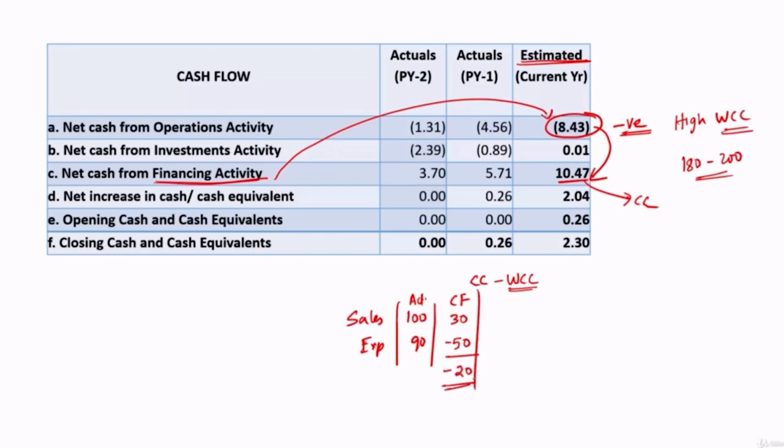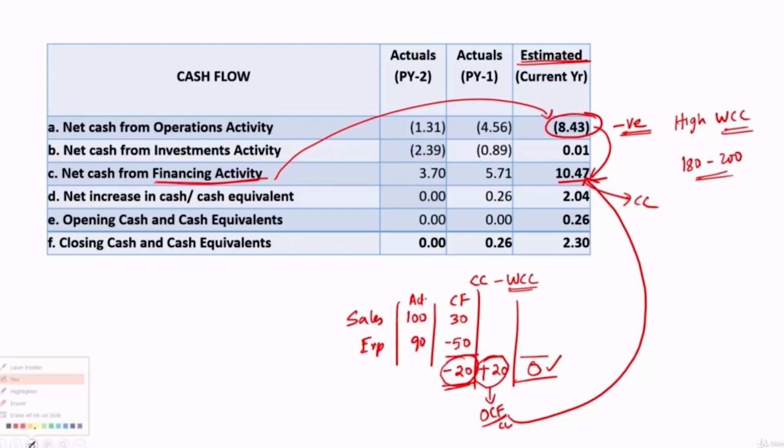And if this 20 is funded by CC, let's say CC available 20, then if you look at the operational cash flows, it will be 0, because we had negative 20 that was funded by plus 20. If this 20 is captured under operational cash flows itself, as part of current liability, this will become 0. Instead, if the 20 is captured under financing activity, because cash credit is a financing activity, then it will show a difference. So from that angle, this negative cash flow can also be tolerated, but this should be the reason, otherwise it cannot be accepted.